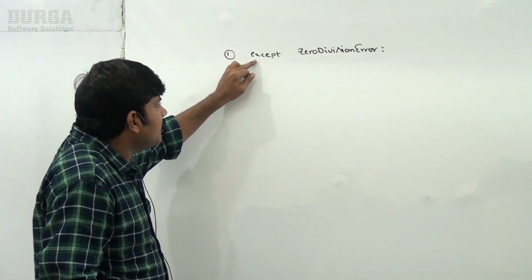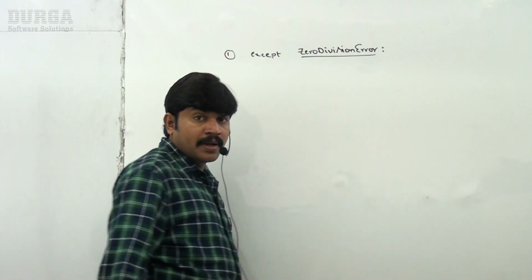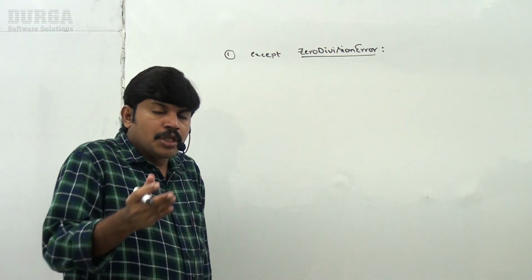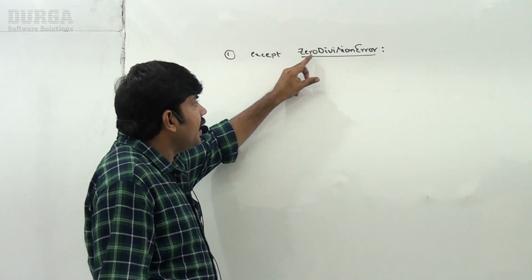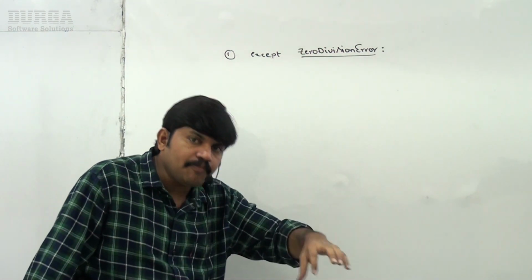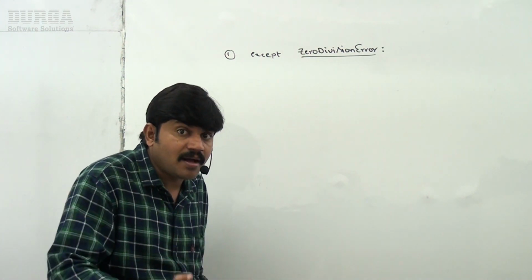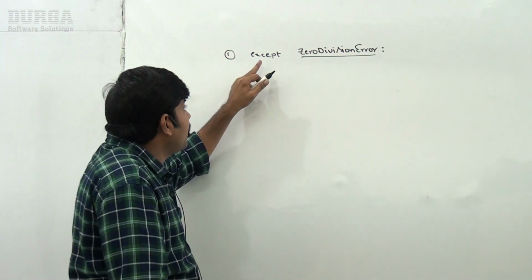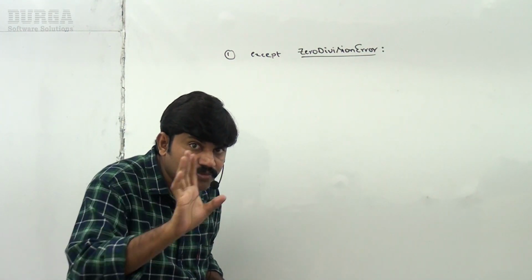Can you tell how many exceptions this except block can handle? Only one exception. If only one exception is there, you can take this exception within parentheses or without parentheses also. Parentheses are optional if you are writing an except block for one exception. I covered this point already in the last videos.